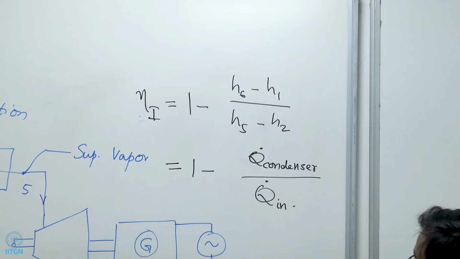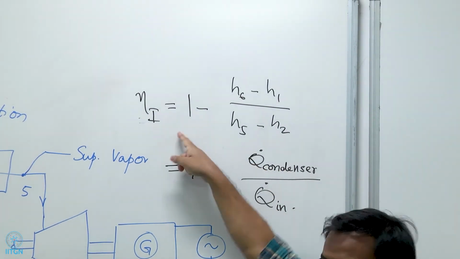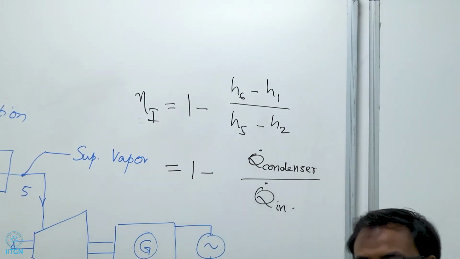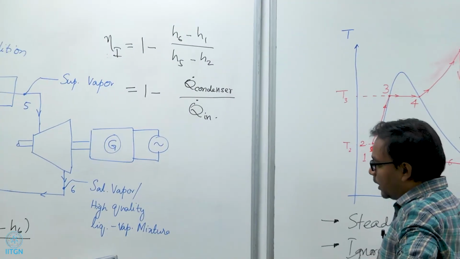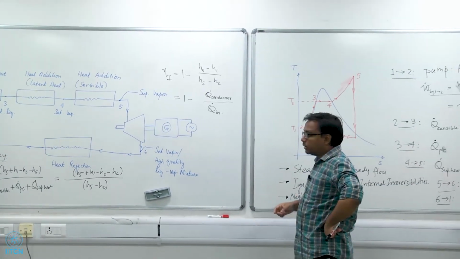So, heat rejected by heat supplied. Okay. This is what we expect, because this is something that we have already studied for heat engines, but we just verified that entire thing by taking into account the individual processes.